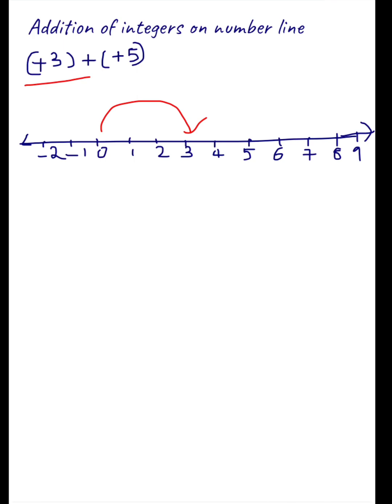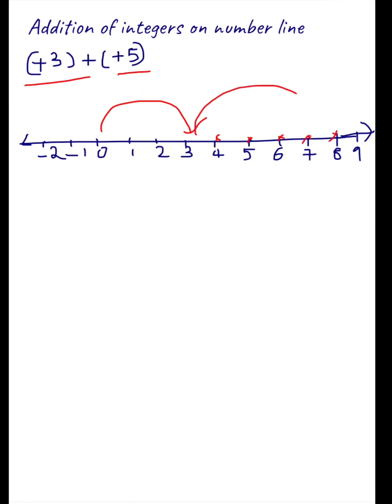Now what you are going to add is plus 5. So you are again adding another positive integer. Since it is plus 5, again you have to move to the right side. How many steps? 5 steps to the right side, that is 1 2 3 4 5.